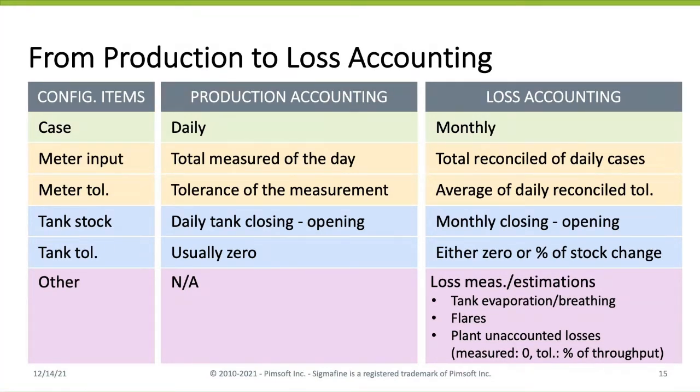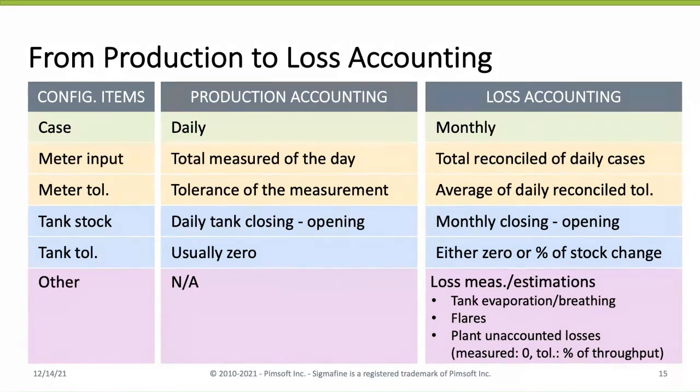Also, for the stocks, we can take a similar approach. For the stocks, we need the opening and closing on the daily production day on one side. On the other side, for the loss accounting, you need the monthly closing and opening.